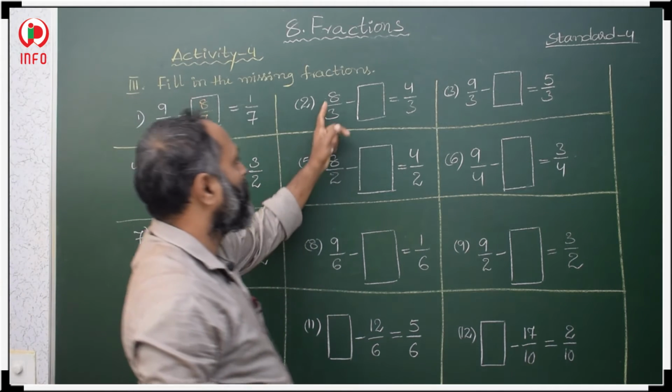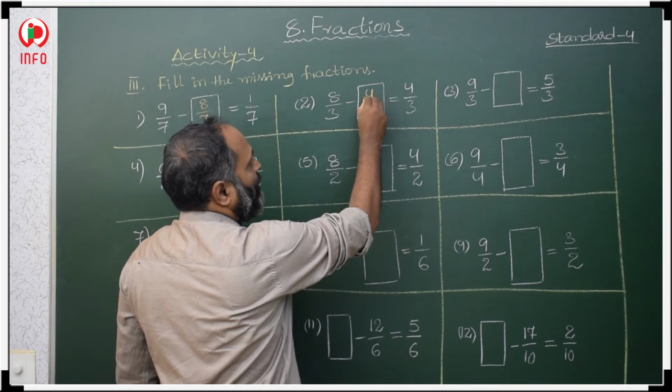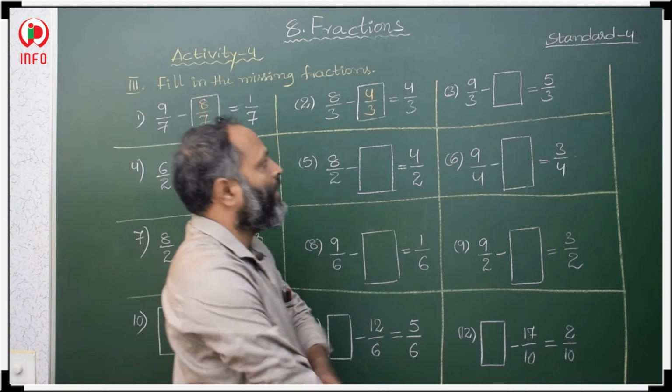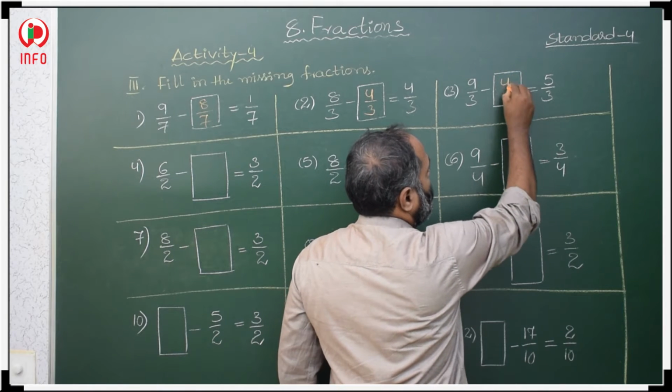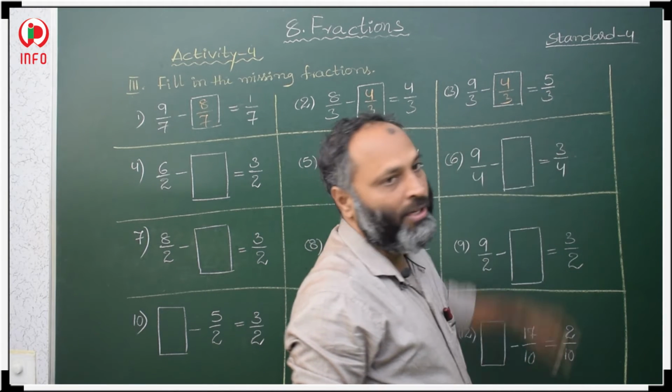So, here also same, 8 minus 4 is how much? 8 minus 4 is 4. So, we write 4 by 3, common denominator we take. So, that is 3. So, 9 minus 5 is how much? 9 minus 5 is 4, 4 by 3 we write. 9 minus 4 is 5, 5 by 3.